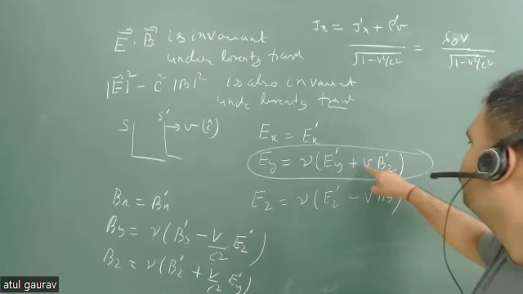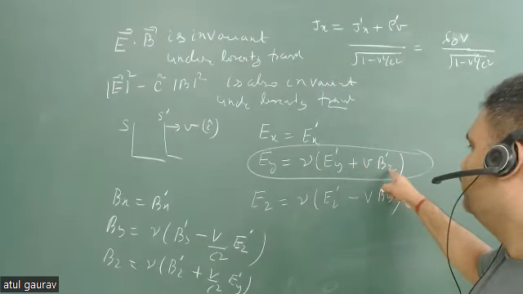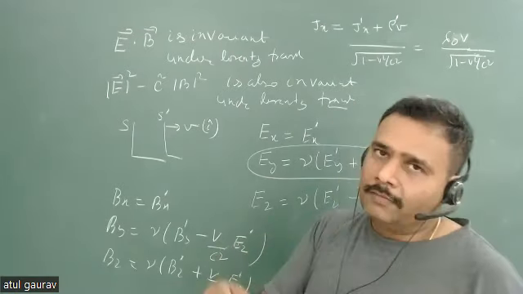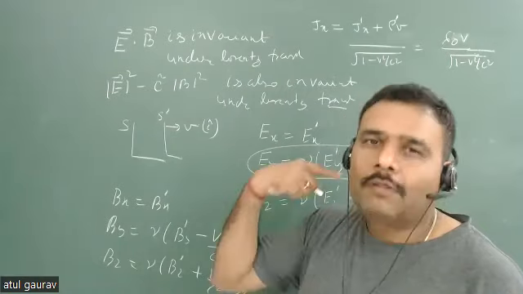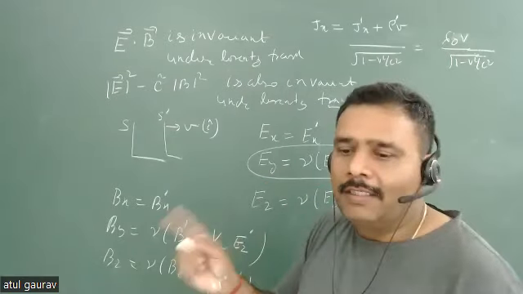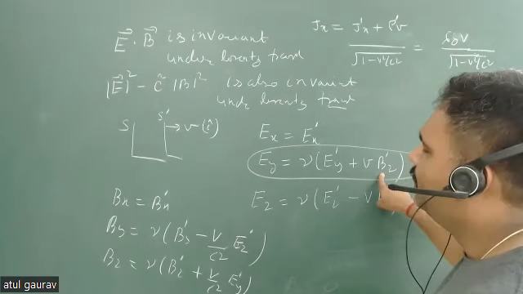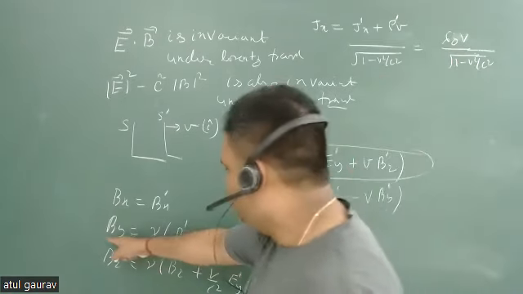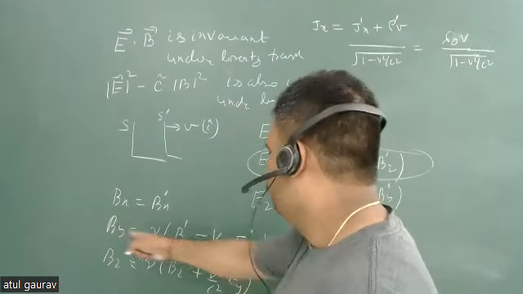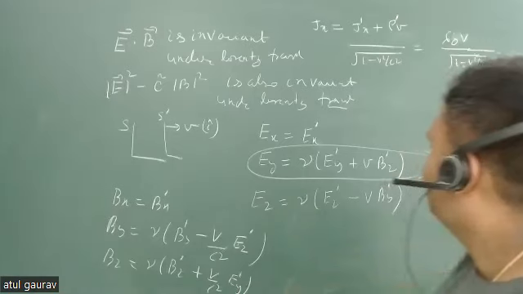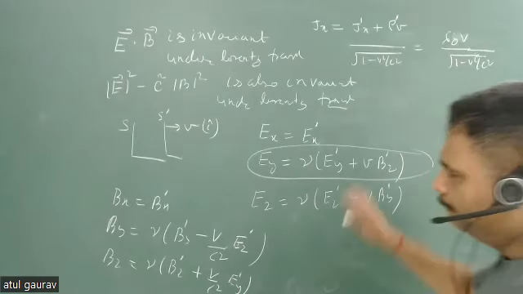You have a plus sign with V Bz dash here, because due to the cross product, a B cross E type of thing is there. So you have this Bz dash, and once you have Bz dash here, then obviously in the magnetic field, By has a negative sign and Bz has a positive sign. So you can easily remember this particular symmetry.